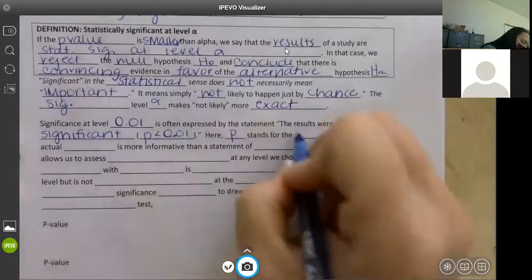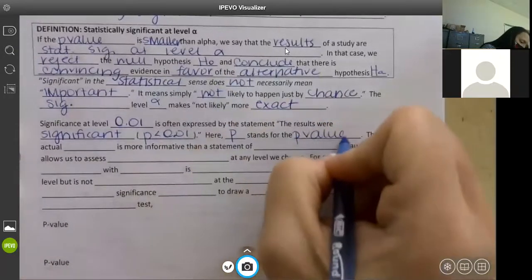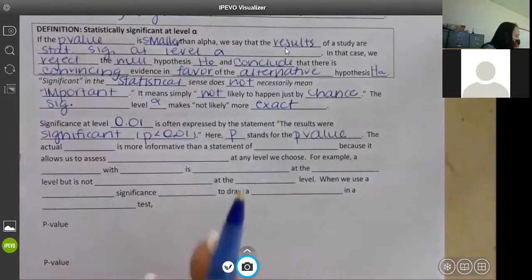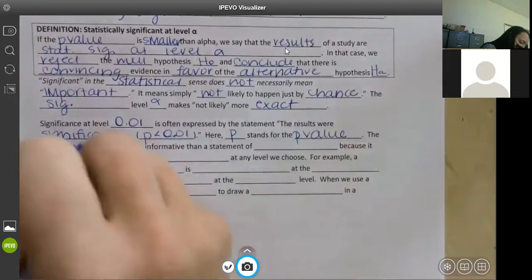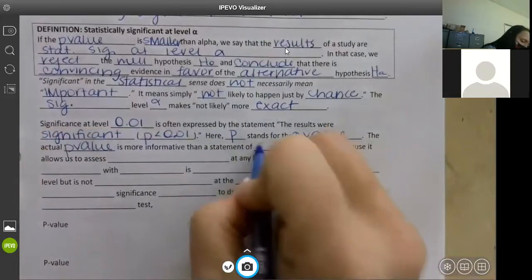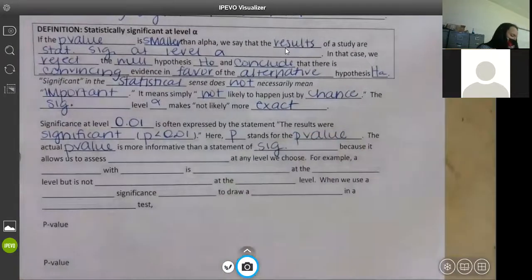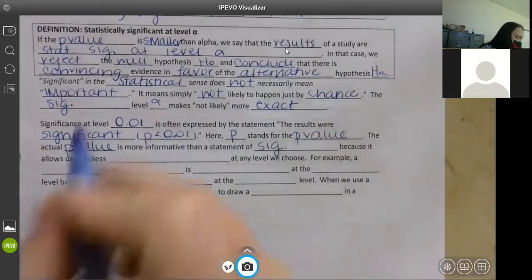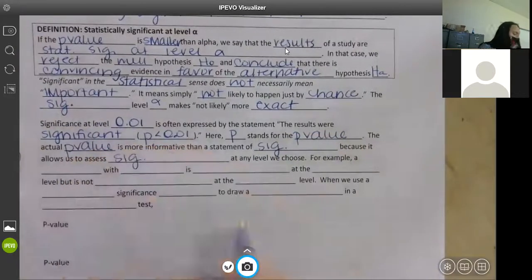So here P stands for the p-value. The actual p-value is more informative than the statement of significance, because it allows us to assess significance at any level we choose. And again, I don't care if you abbreviate like I am.